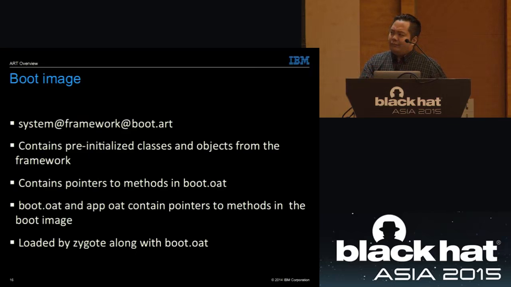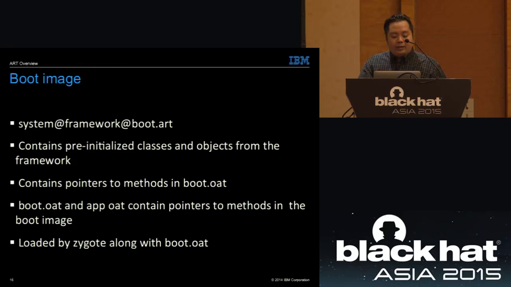As an analogy, you can think of it like an import table in portable executables, wherein you can access the addresses of the methods in the framework through here, and not using the address in the boot.oat directly.